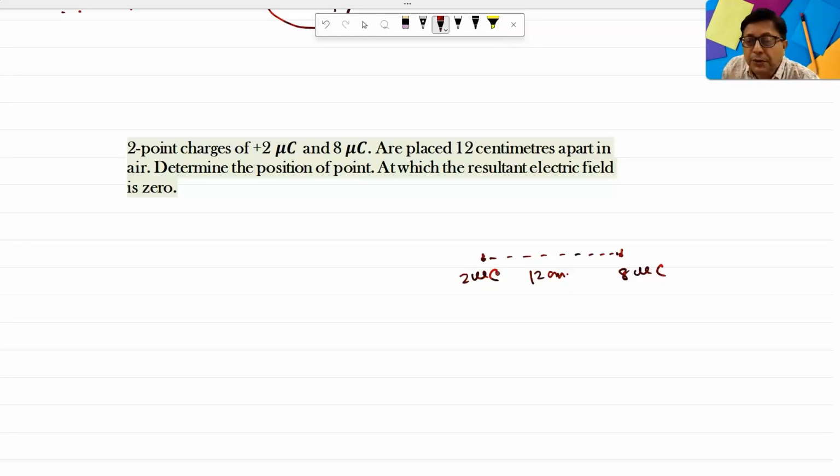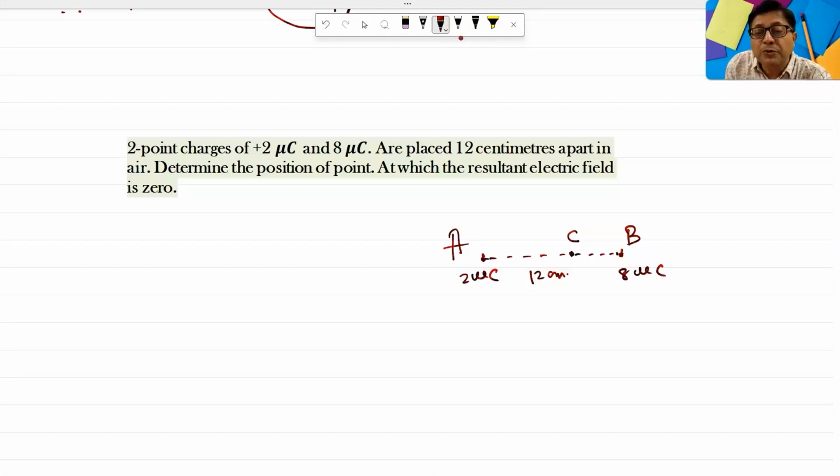Now, before we solve the problem, we have to analyze. Can the field be 0 at a point on the line segment joining these two charges? Charges are at A and B. Yes, it is possible. Let the point be here.